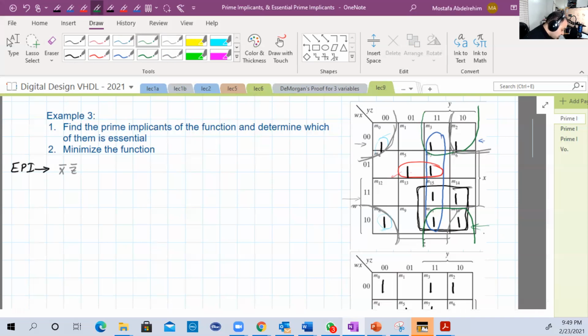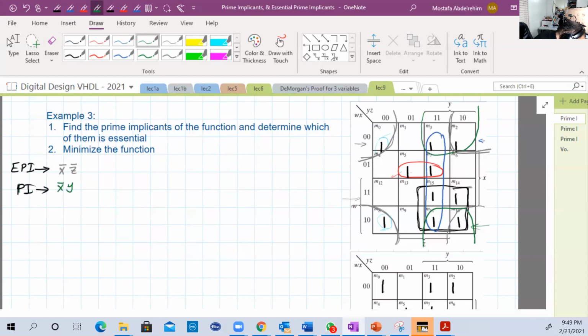So it's just a prime implicant, not essential. The green is X bar again, and Y is not changing, so X bar Y. The others, Z and W, are changing.